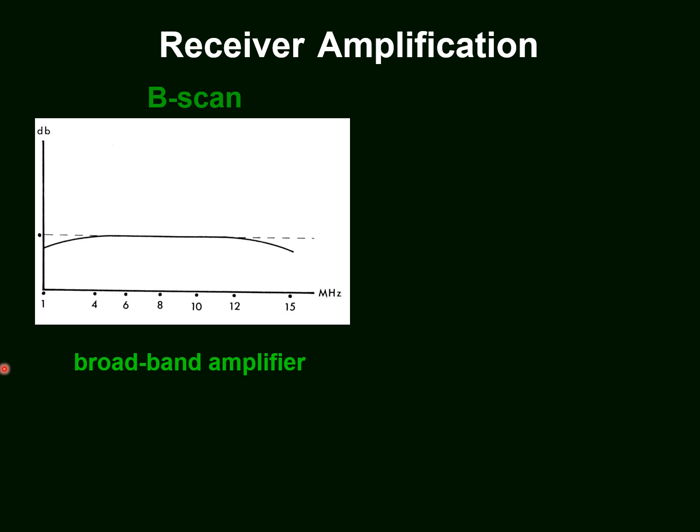In B-scan we use a broadband receiver. That means that a broadband of frequencies from 4 to 12 megahertz are amplified and attenuated equally.